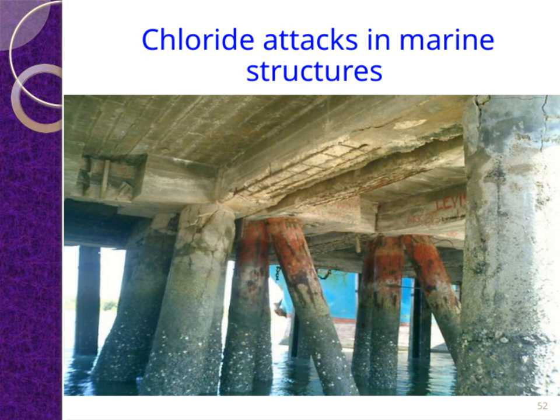This process is often insidious because it starts silently and progresses gradually. Understanding how chlorides attack helps us develop better protective strategies, such as using corrosion-resistant materials or applying specialized coatings. It's also why regular inspection and maintenance are crucial in marine environments.